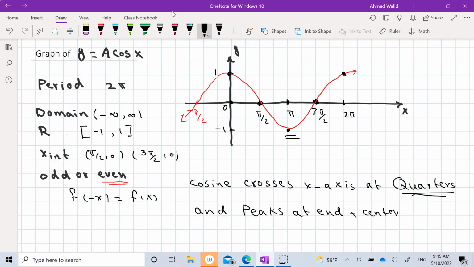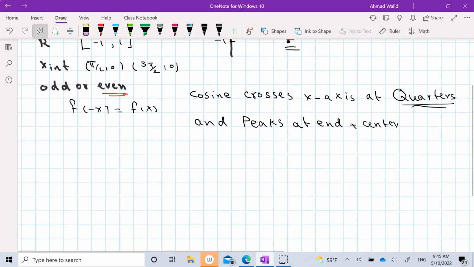All cosine functions, you can graph like this. It's really easy. Just focus on these key points, which are the ends and the center.